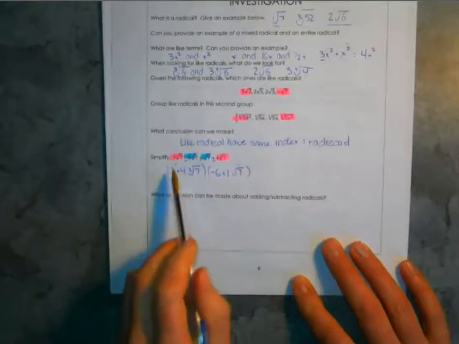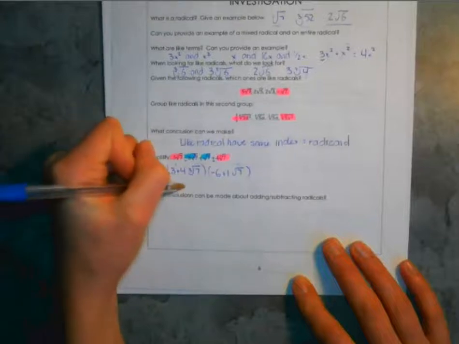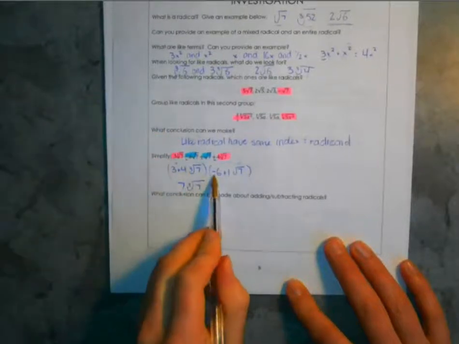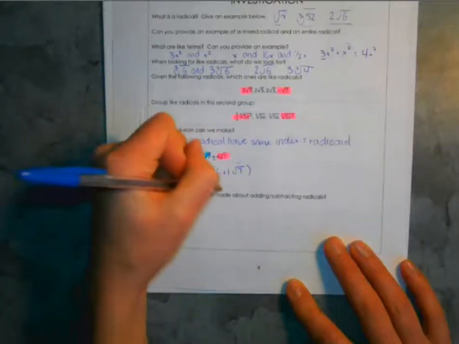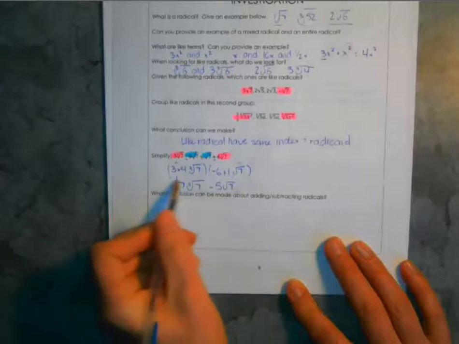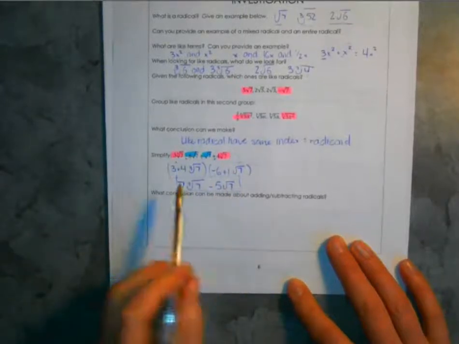Okay, so now if I combine it, 3 plus 4 is 7, and then my cube root 7 stays the same. -6 plus 1 is -5, and then root 7. So this is going to be our simplified version of adding these all together.